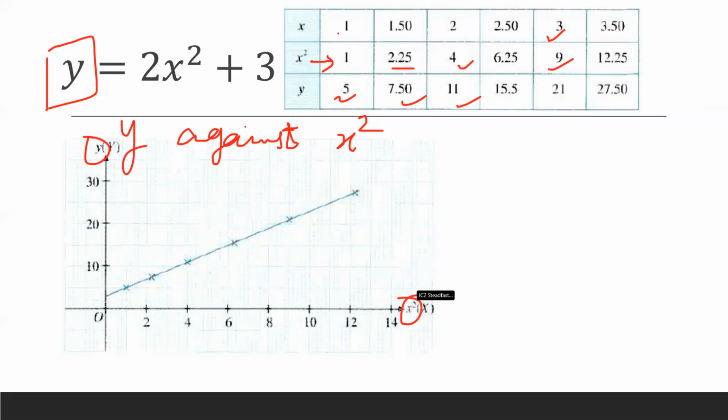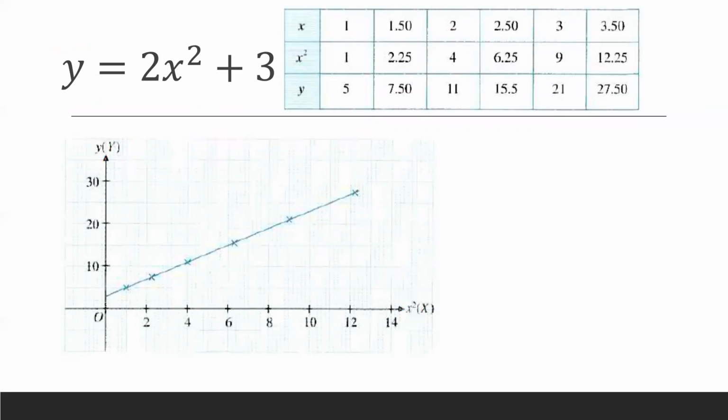Okay, so let's see, our first value here is 1 and 5. So you see 1 is here and 5 is here, so that's 1 comma 5. Okay, and so on. 4 and 11, so this is 4, 11. Then we have 12.25, which is somewhere here, and then you have the corresponding y value as 27.5.